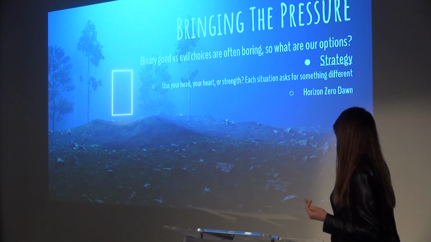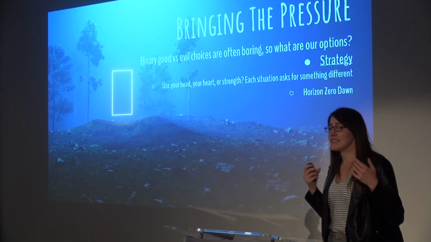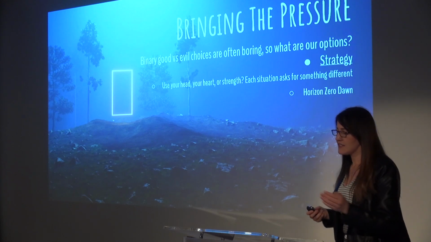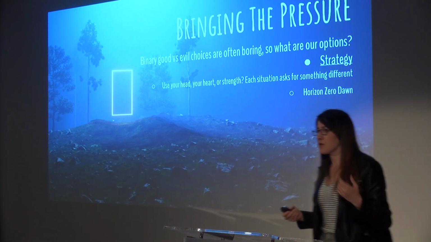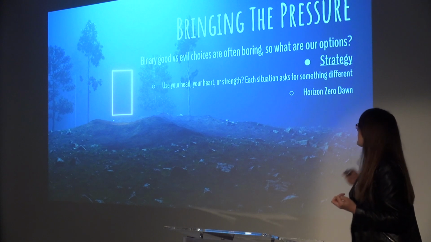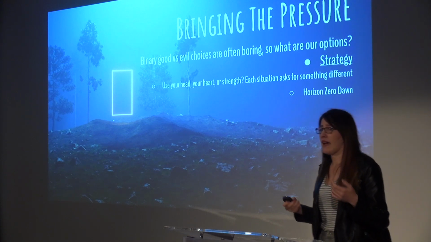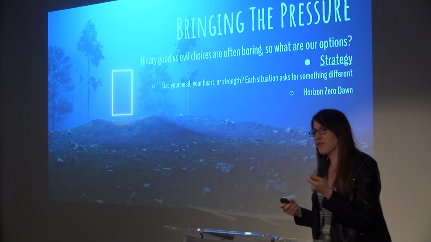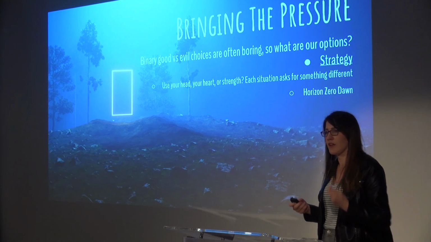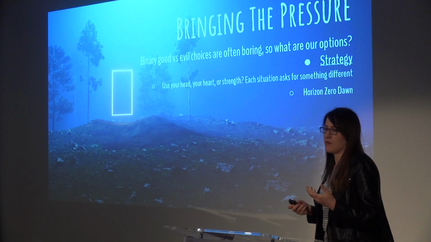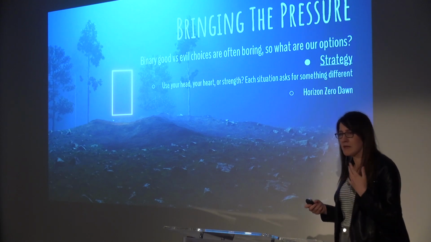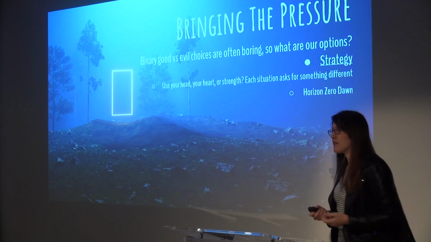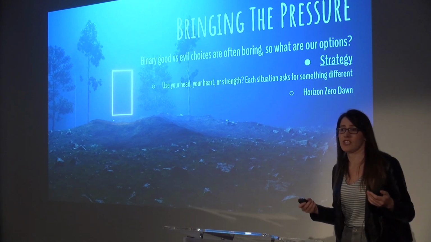A good example of this is Horizon Zero Dawn. It explicitly tells you that your choices are categorized into using your head, your heart, or your strength. There's a scene right at the start where a little boy throws a rock at you, leaves a little gash on your head, and you have a rock of your own. He has another rock, he's going to throw another one. You have to decide whether to throw your rock at his head and hit him back, whether you throw the rock at his hand and disarm him, or whether you turn the other cheek.